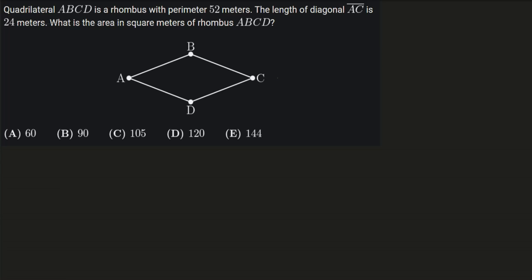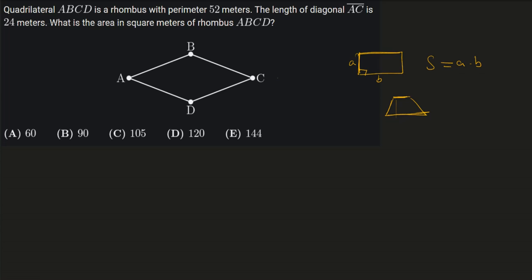Unlike a rectangle or a square, because these shapes have an angle of 90 degrees, to calculate their area we can simply multiply the two adjacent side lengths, let's call them A and B. The area would simply equal A times B. And even for a trapezoid, the area formula is expressed in terms of the two bases and the height.